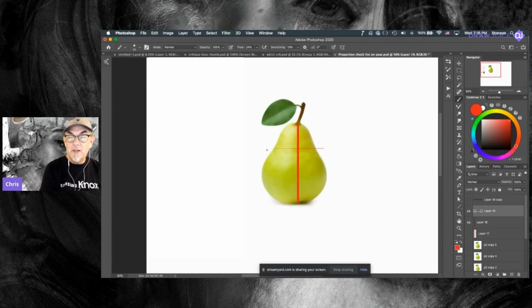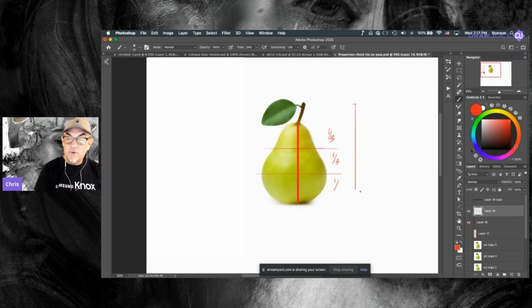That seems to me to be around a third. So if I could split this pear into thirds, thirds work because it's kind of obvious where this width change occurs. I could split it into half, but half doesn't really help me that much.